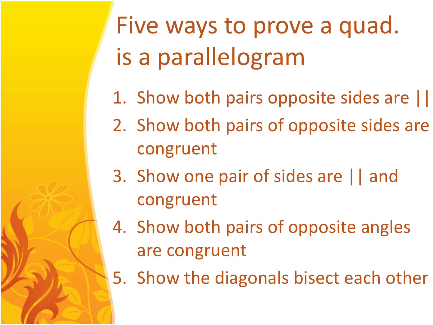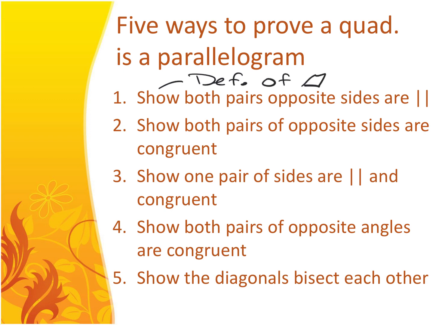So there are 5 ways to prove a quadrilateral is a parallelogram. We just talked about 4 of them, but the 5th way is the definition. It's number 1 here, just to show that both pairs of opposite sides are parallel. This is the definition of a parallelogram.